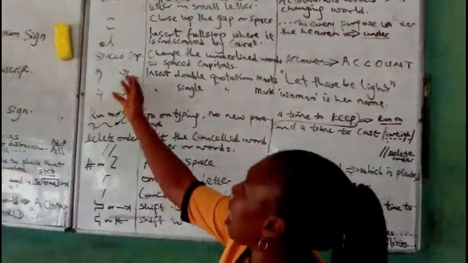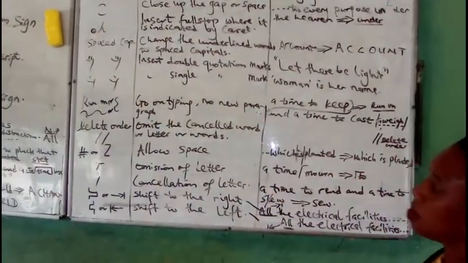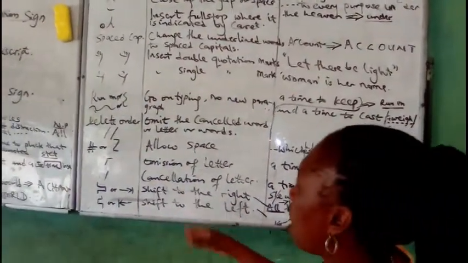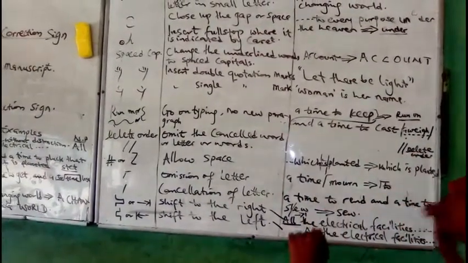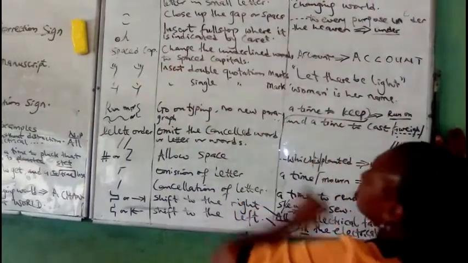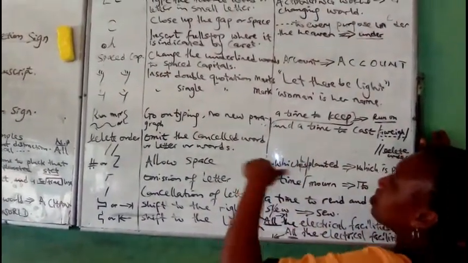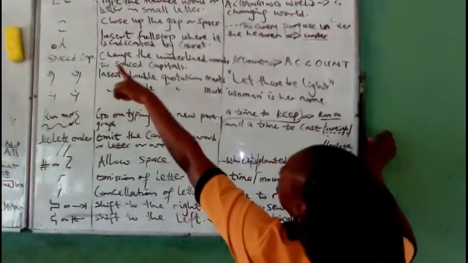Like here, I have those ones talking about quotation. Even omission of letters, it will tell you to insert. You will just put the insert caret sign there. Then we tell you what you will insert. Like here, it gave us full stop.